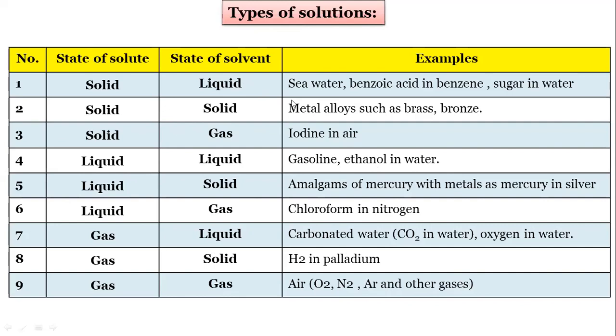They will ask you to write an example of liquid in gas. They will give the example also, and ask you to write the name of the solute and the name of the solvent. So be careful regarding the study of this table.